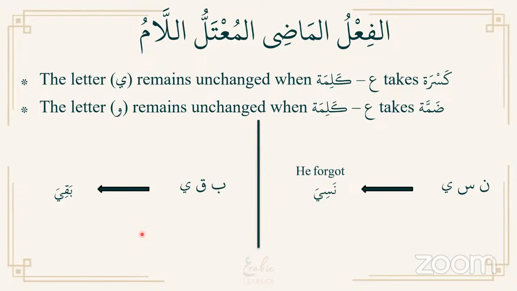But now, in this situation, the ayn kalima is taking kasra, so you will not change the lam kalima. You will leave it as ya only. Nasiya, baqiya. Okay, brothers and sisters. Baqiya means he remained.